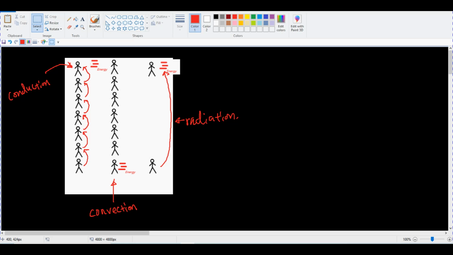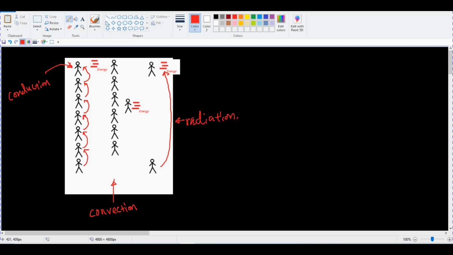But for convection it's a little bit tricky. Remember, you need to get the first one who gets the energy to move all the way towards the end of the queue. But while he's doing so, he has created a void right here.